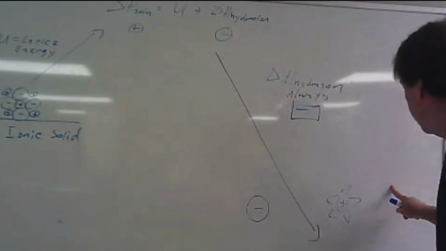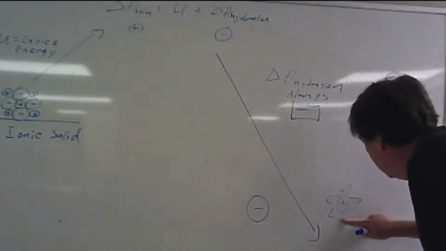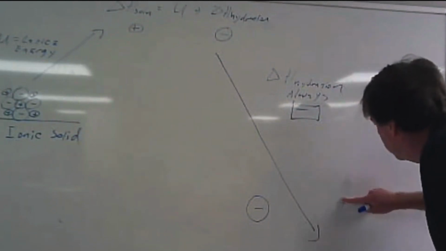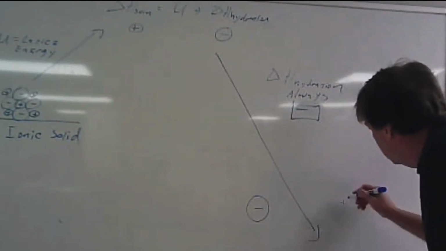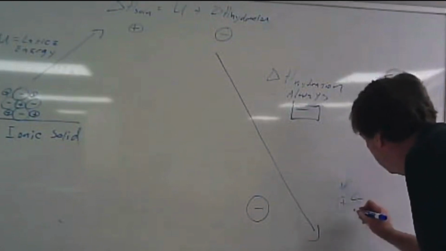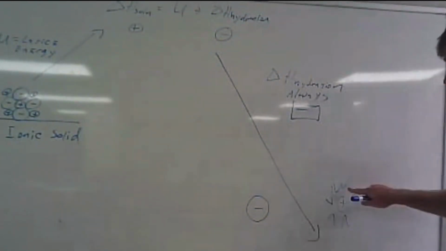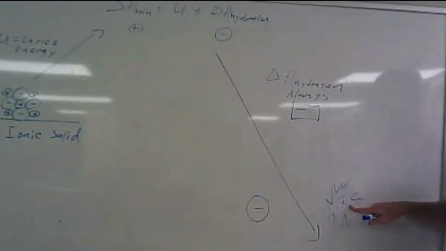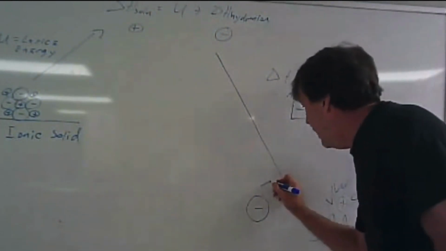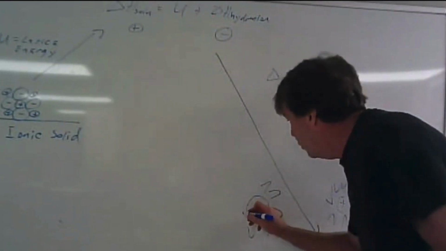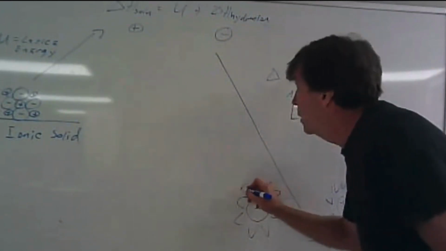So let's see here. Actually, let's reverse the orientation here. Water, the oxygen's going to be pointed. Oxygen is partially negative, so it's pointed at the positive. And now we've got this with these waters hydrating with a different orientation.